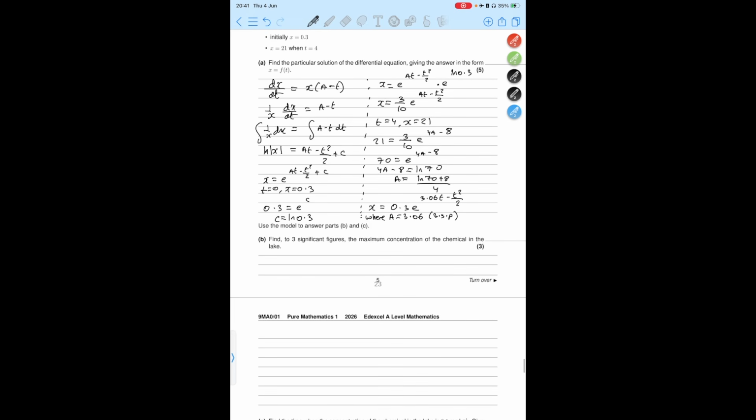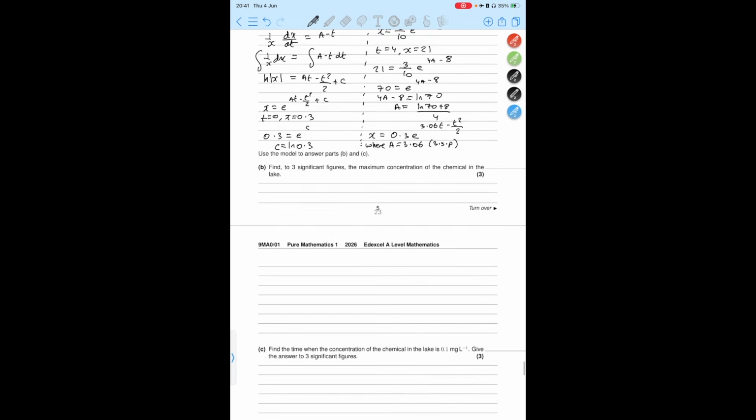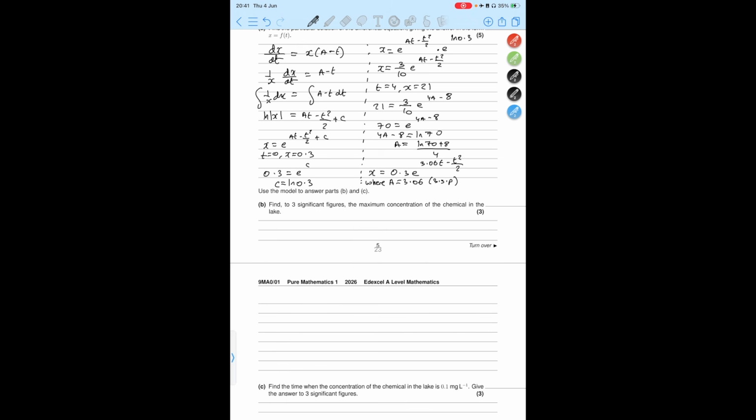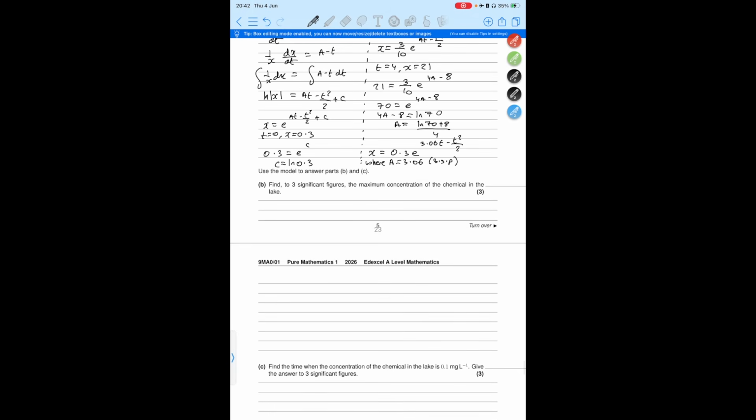Use a model to answer parts B and C. Find to three significant figures the maximum concentration of the chemical in the lake. When we see the word maximum, we should be thinking of derivative. So we're going to take the derivative of this function. dx by dt is equal to, I'm still going to write down 3.06, but you should know that I intend to use the stored value.